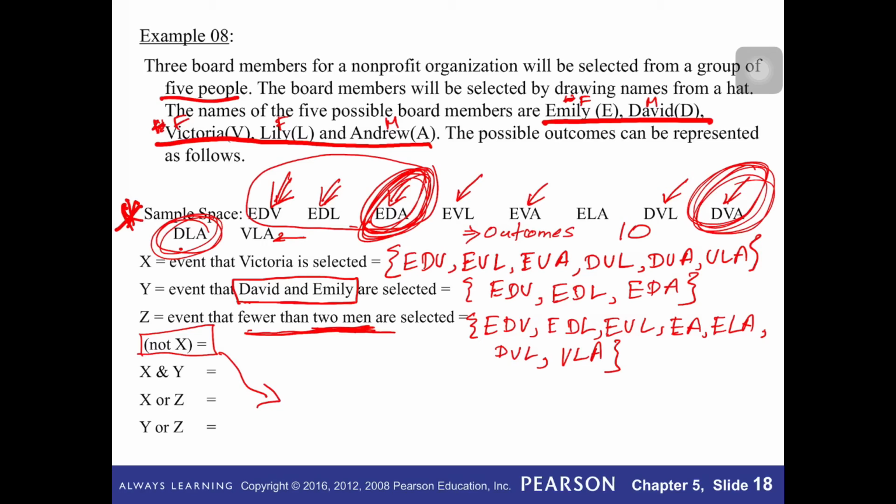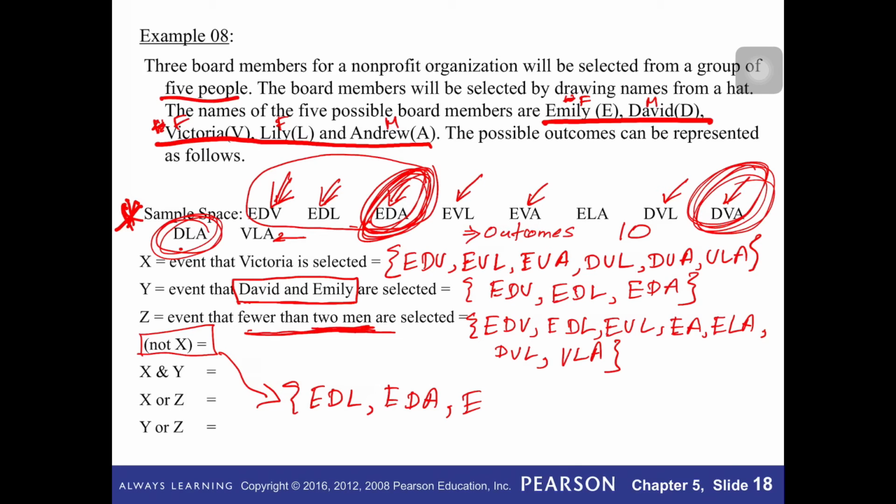So EDV we have in X, EVL, since I wrote it in sequential order. EDL, EDA, so EDV, EDL, EDA, EVL is there, then I can write EVA.